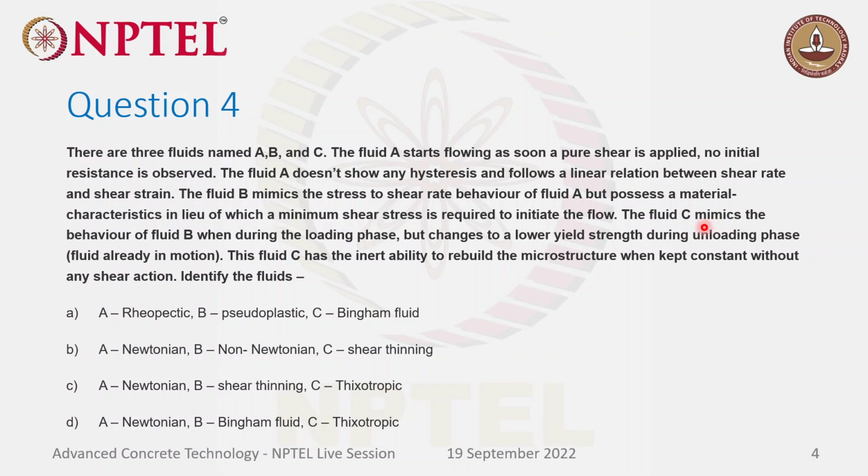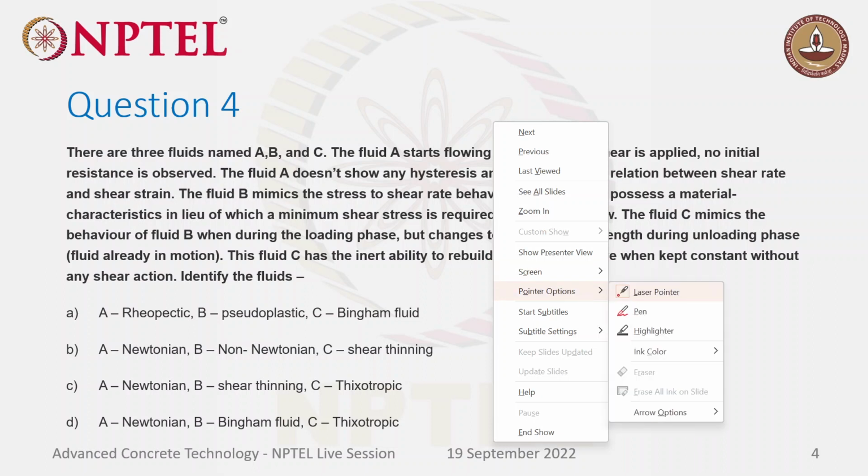Fluid C mimics the behavior of fluid B during the loading phase. They are saying that it initially requires some shear stress, a minimum shear stress to initiate the flow, as explained in fluid B, but changes to a lower yield strength during the unloading phase. So let me draw it here.